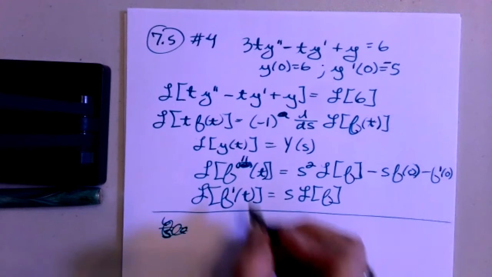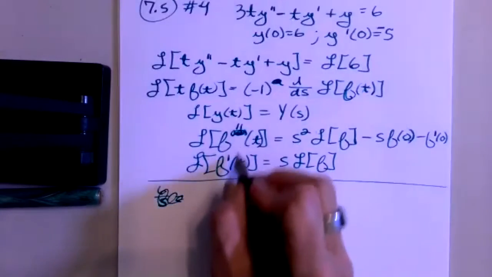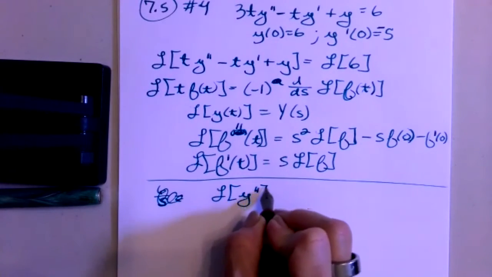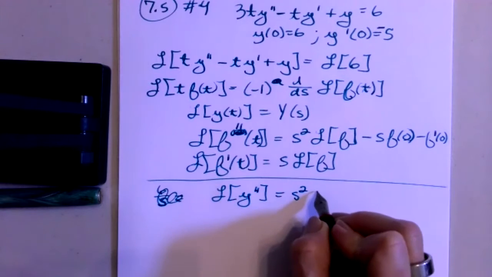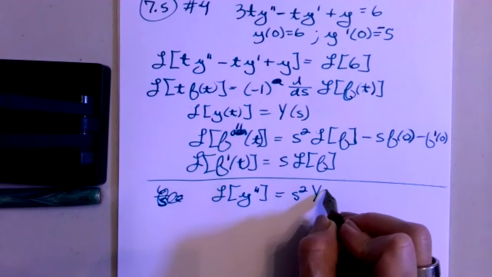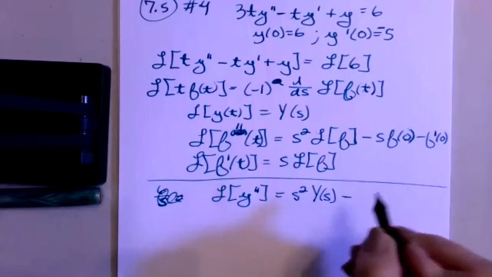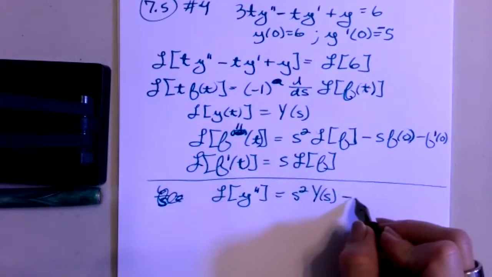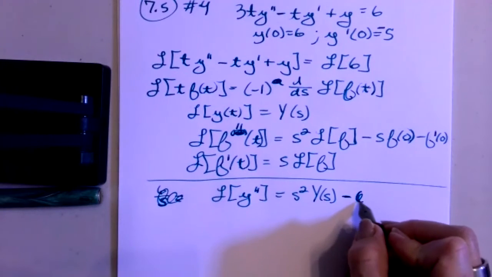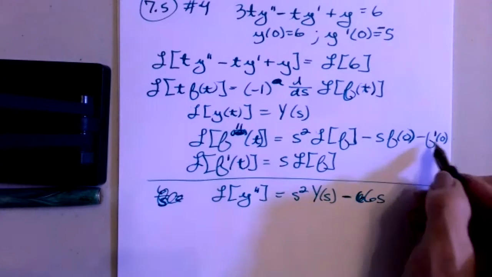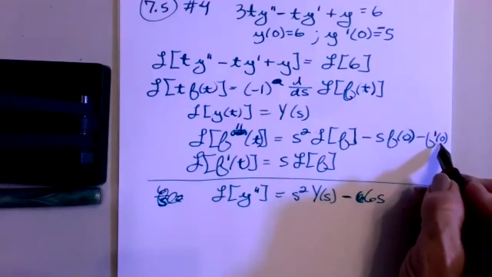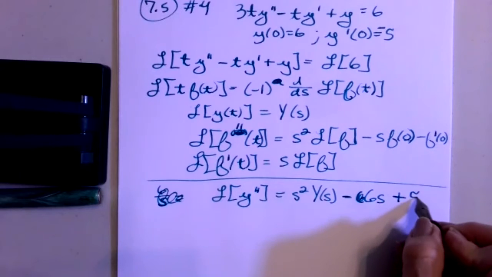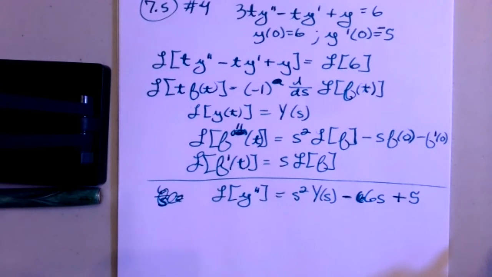When I take the Laplace transform of y double prime, that is s squared Y of s minus s times y of 0, which is 6, minus 6s, and then minus y prime at 0, so that will be a minus 5, so that'll be a plus 5.